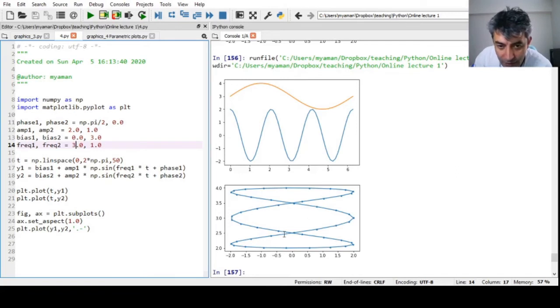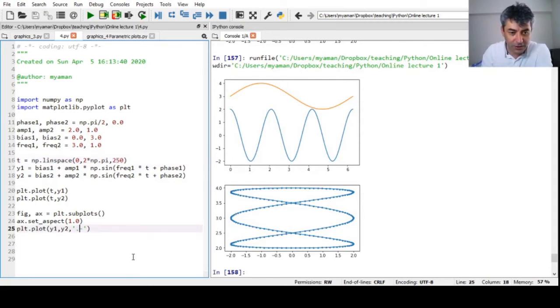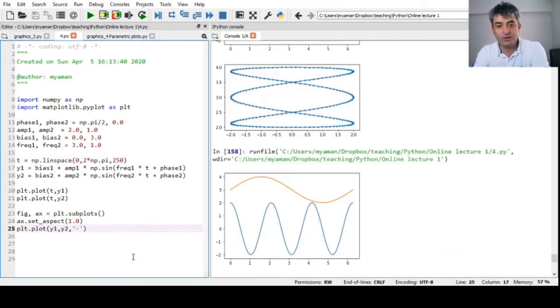I have the curves rough on the sides, so now is the time to increase the sampling. Okay, nice, and smooth curves. I think I should take this away to make it look better.